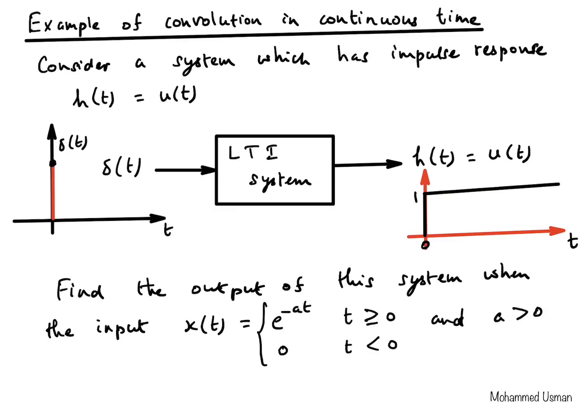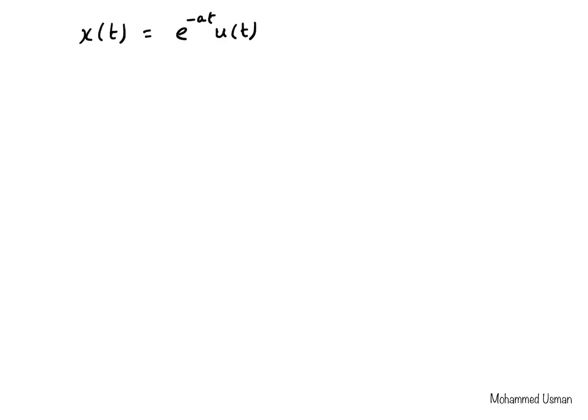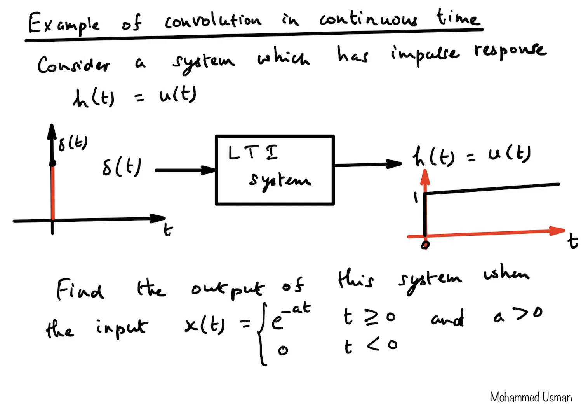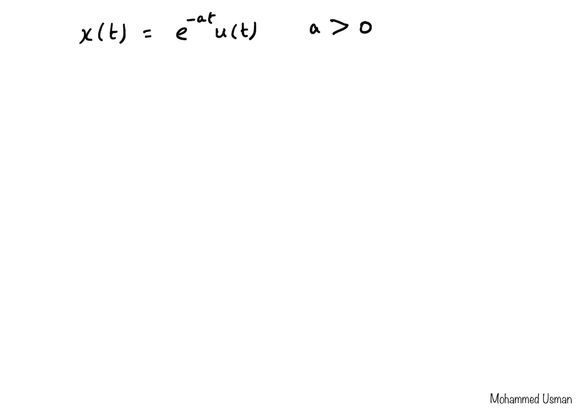So rather than writing it as two different conditions, we can simply multiply it with u of t and then specify our range for a. Okay, a is greater than 0. Now we are asked to find the output of the system when the input is this particular x of t, given that the impulse response of the system h of t is a unit step function, denoted as u of t.